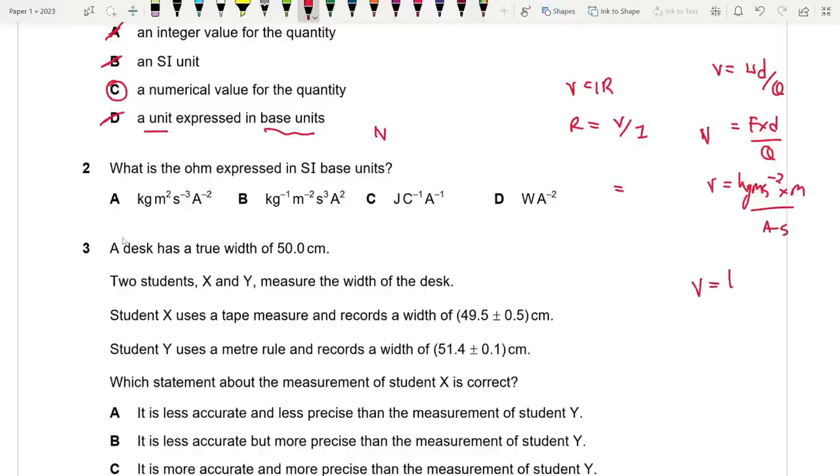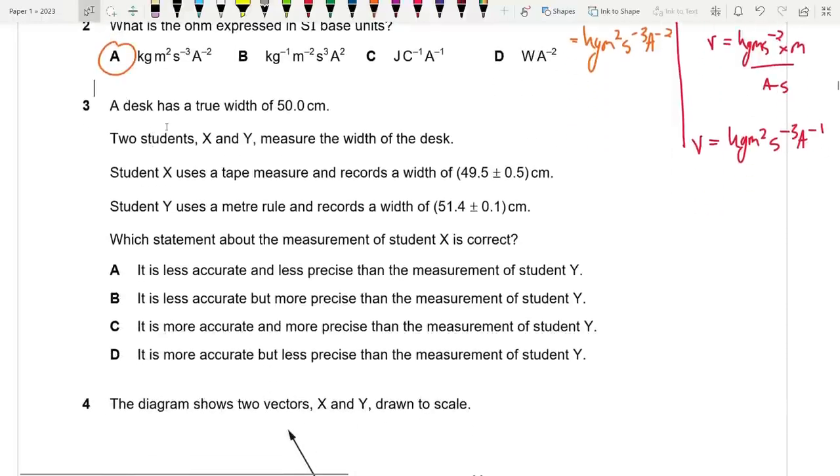So V is basically kg m square s minus 3 ampere minus 1. Okay, that's V. Now R is V by I, so that is essentially the whole thing divided by another ampere, so that's kg m square s minus 3 ampere minus 2. So the answer is A.